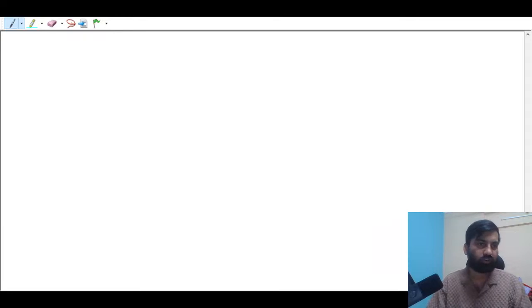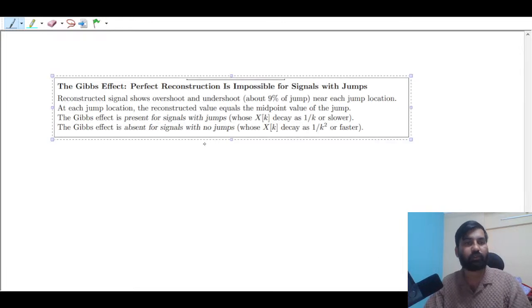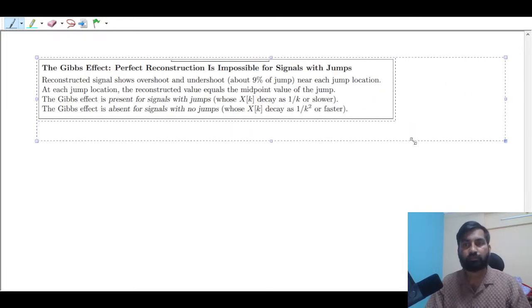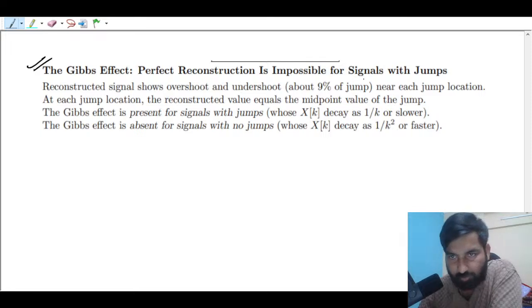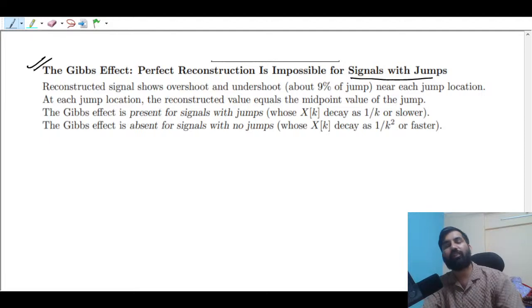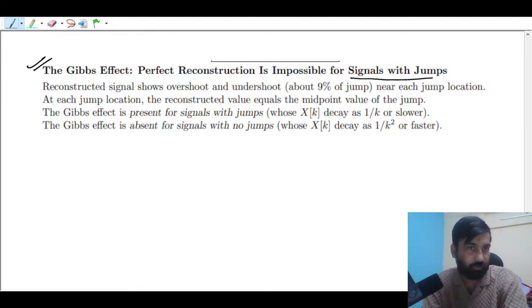I'm just going to summarize here, and you just keep in mind these 2-3 points related to the Gibbs effect. The Gibbs effect is nothing but that perfect reconstruction is impossible for a signal with jumps. अगर कोई भी waveform दिया है, periodic waveform, and if it has some sort of a jump, perfect reconstruction will not be possible.